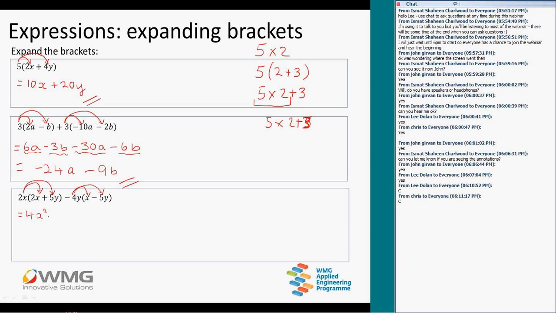Now, in this expansion, I haven't had to worry about multiplying positives and negatives. I did have the negatives in the second example, but it didn't catch me too much. Now I'm going to be a bit more careful, because it's a very common error that people will make. Remember, this 4y term is minus 4y.